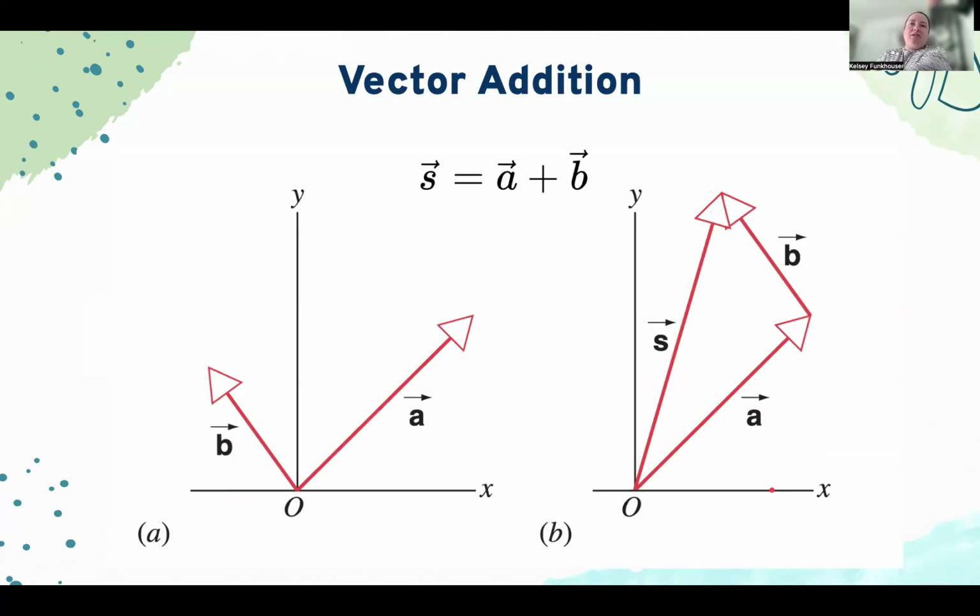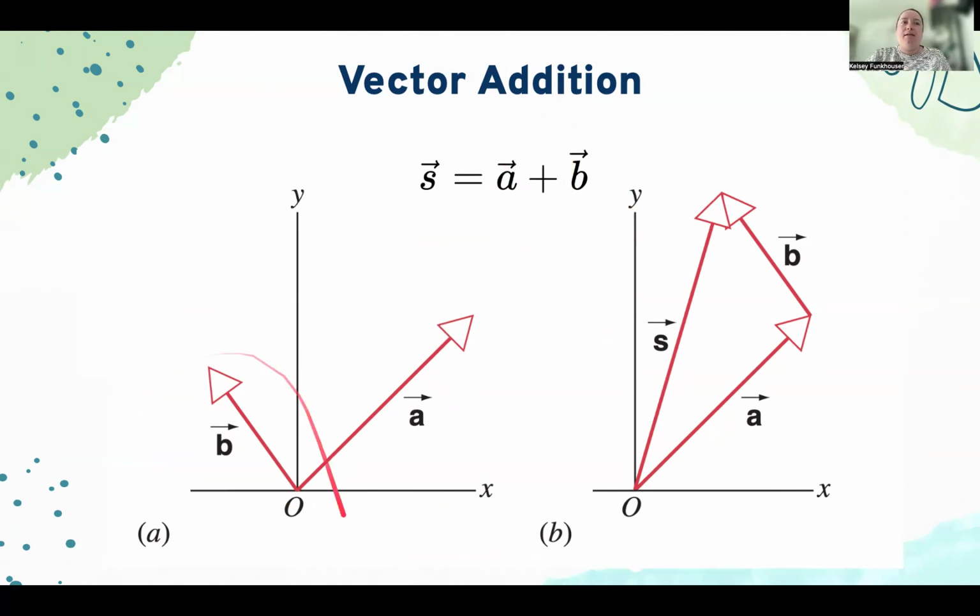So when dealing with vectors, there are specific rules around addition. So here we have two vectors, B and A. And if we want to know what vector S is, and it's equal to vector A plus vector B, we do this.